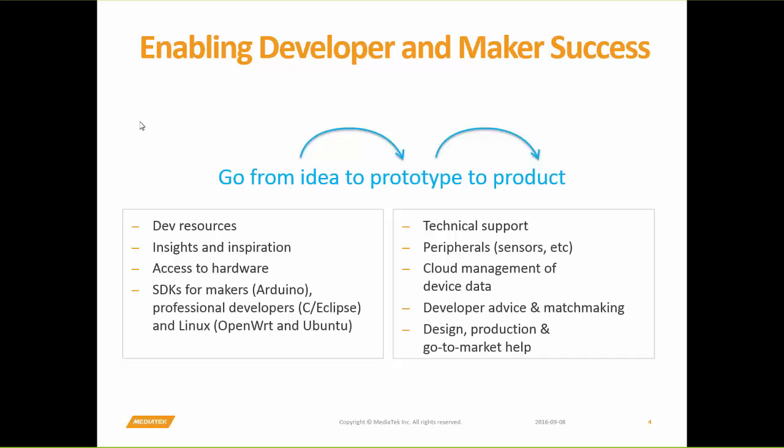You also find the corresponding software development kit for Arduino, but we also have more professional software development kits for C, which you can use in Eclipse. We also have a board that runs OpenWRT on it. So there's quite a wealth of different HDKs and software development kits.